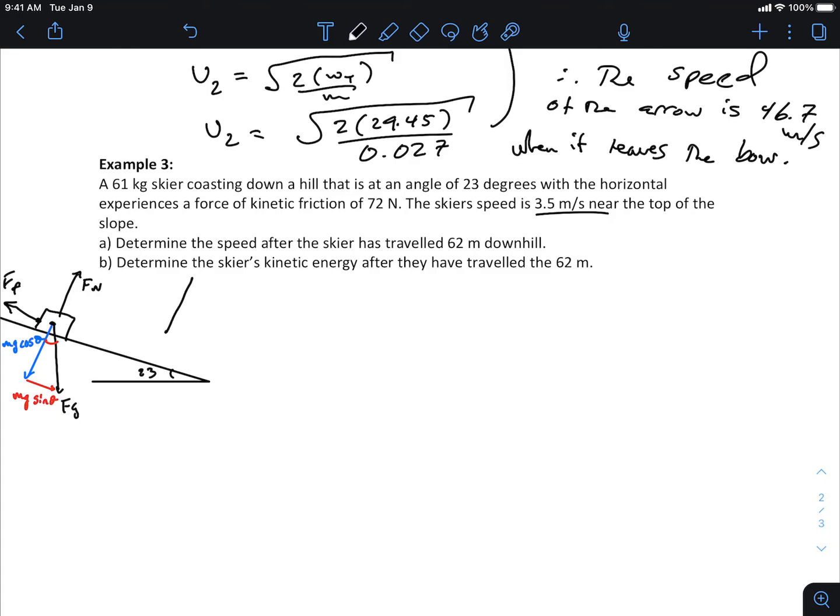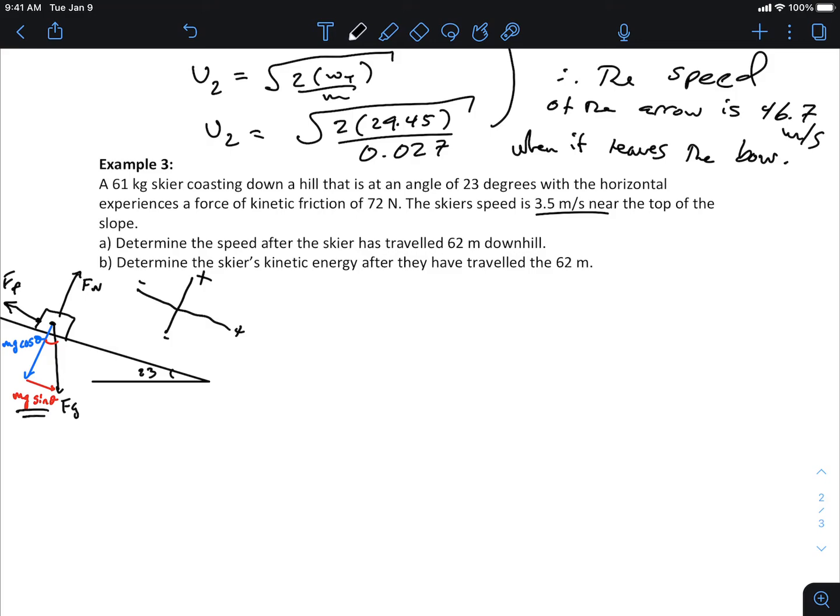Remember, with inclines, we set up our coordinate system to be positive down the hill, positive up, negative, and negative. So when I look at this, the motion or displacement is going in the positive direction. And the main driving force for that motion is this mg sine theta, right? It's pointing down the incline. And I also have the force of friction pointing backwards in the x direction, right?